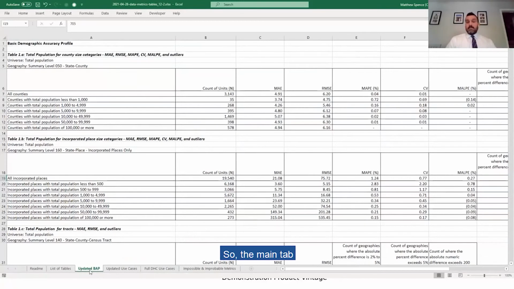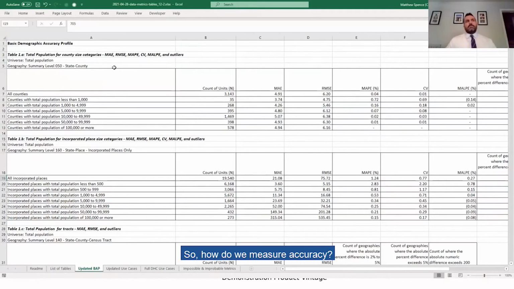The main tab of these detailed summary metrics is the third tab, what's called the updated BAP, or Basic Accuracy Profile. What you can see here is a list of tables with some metrics. These metrics generally fall into one of three categories. First is measuring accuracy. That's very important. Obviously, we want to see accurate data.